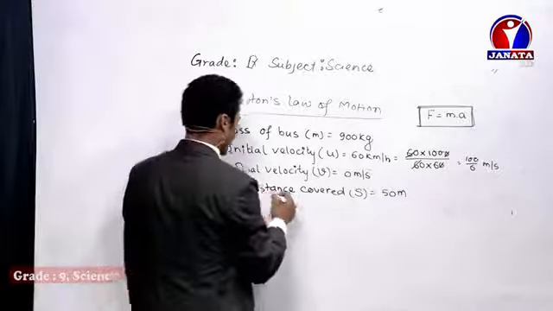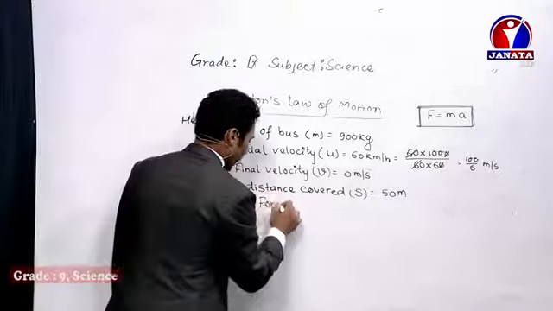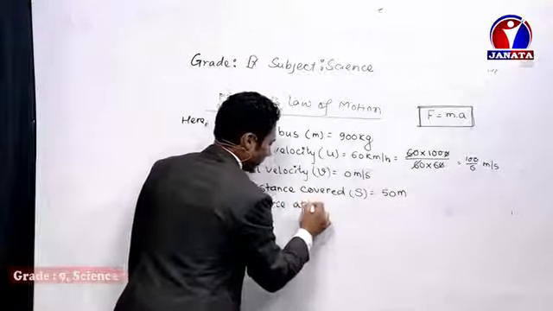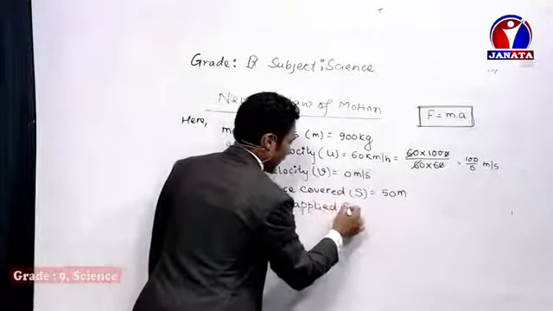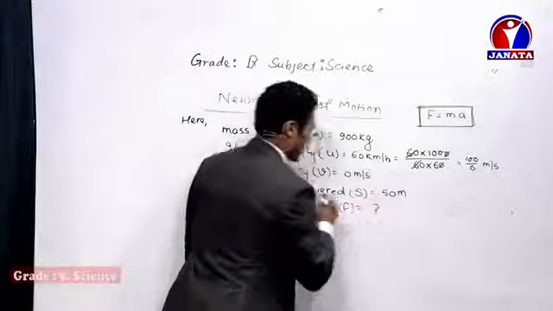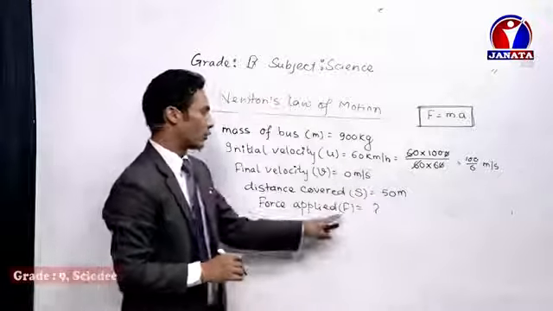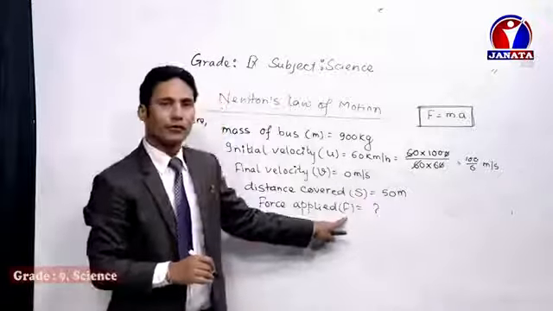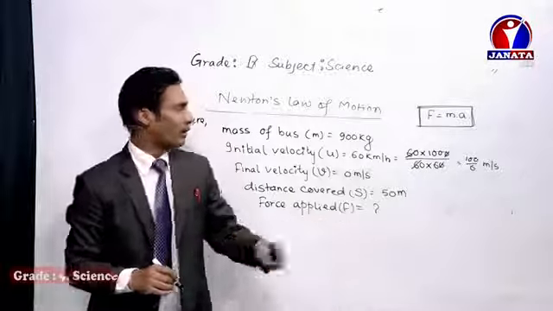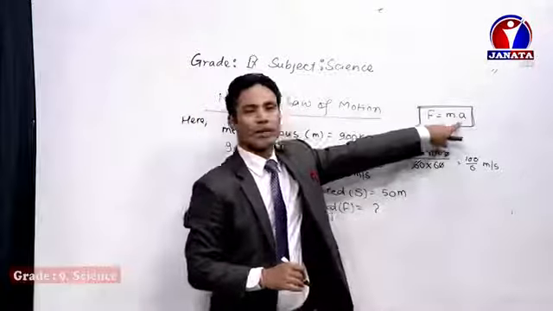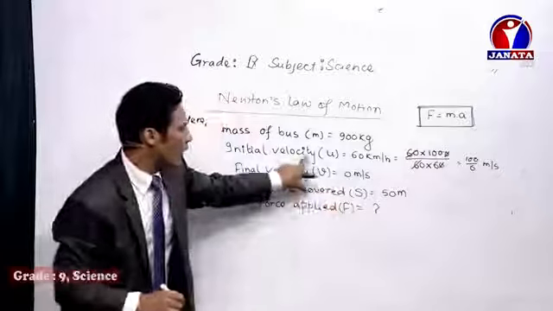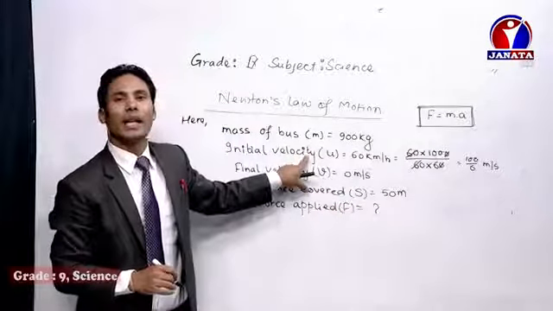So we need to calculate the force applied. The symbol is F equals what? In this case also, for calculating the force, we need to know the acceleration, and we use these three components to calculate the acceleration.